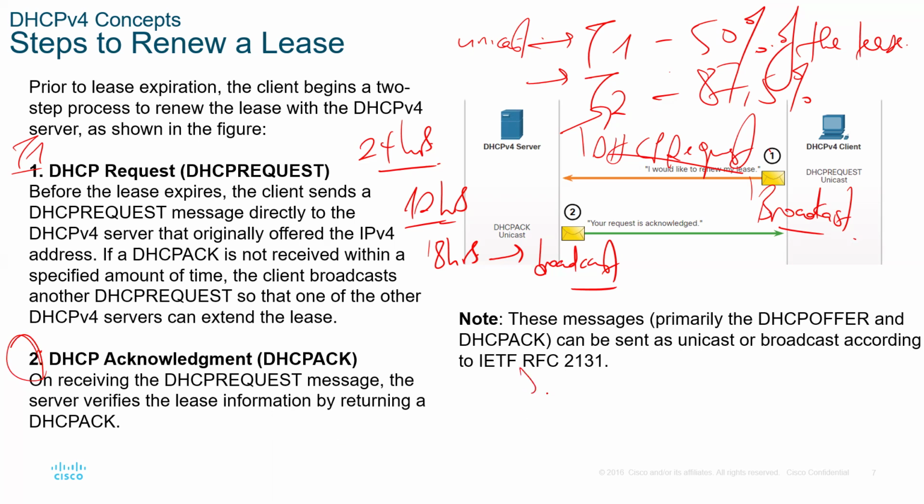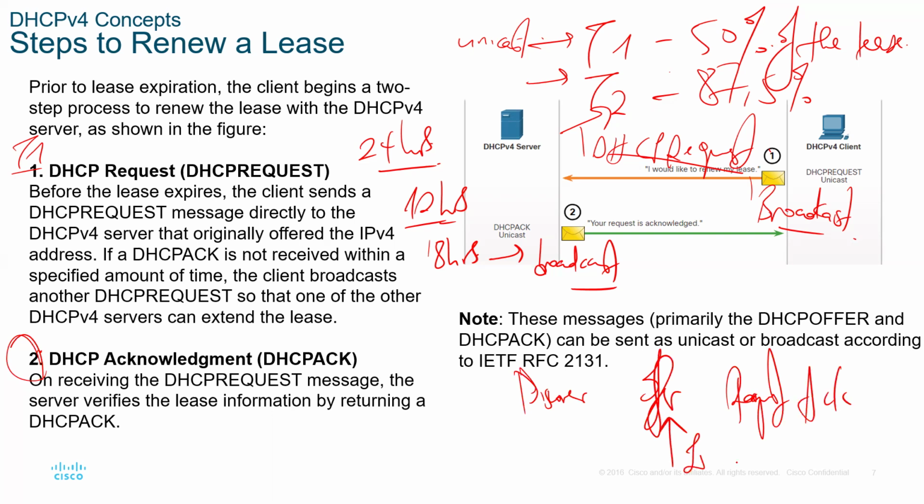We talked of discover, we talked of offer, request, then acknowledgement. So here we say that the offer includes the IP, the subnet, the gateway, the DNS server. Here we also include information on the lease. How much time does the lease have? So that offer also includes that information as well.